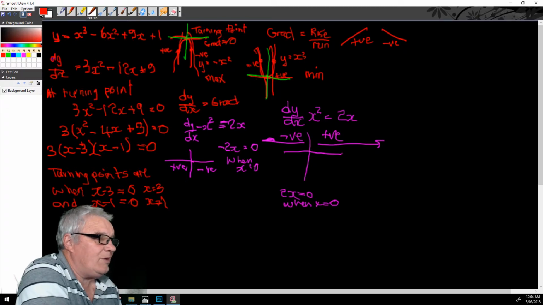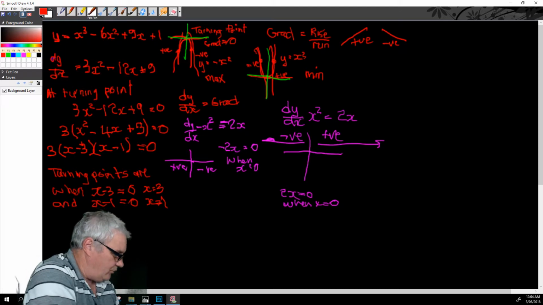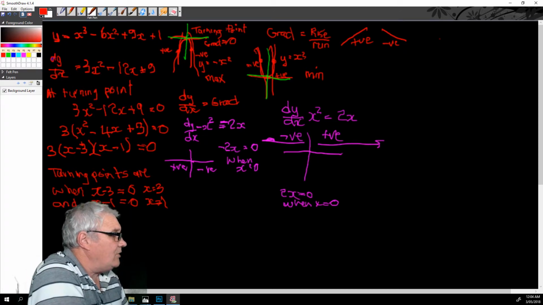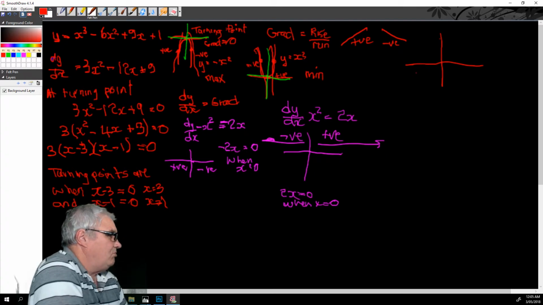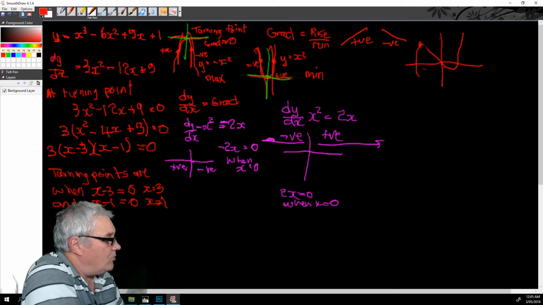Now we know this is a cubic graph, and we know that cubic graphs go something like this. We might have a cubic graph that goes like that, and this might be the turning point.